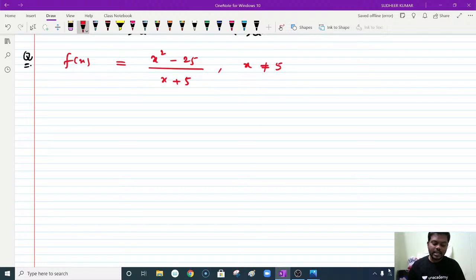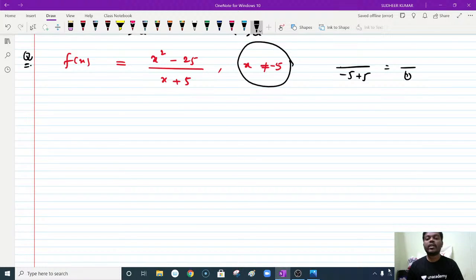So we should see that this condition is given where x is not equal to minus 5. So f of x does not exist when x equal to minus 5, because the denominator is minus 5 plus 5, which is 0. But here already minus 5 is excluded from the domain of this function. So we should see whether the function is continuous in its domain or not.